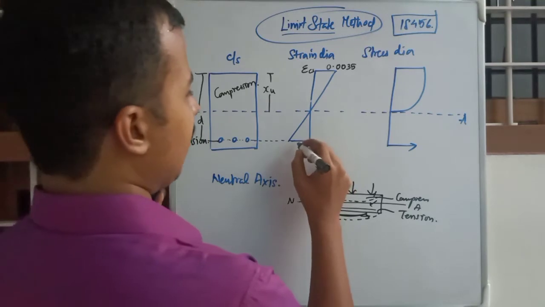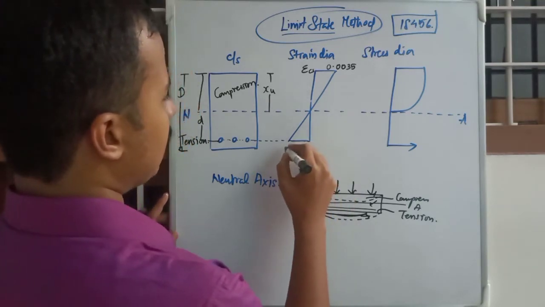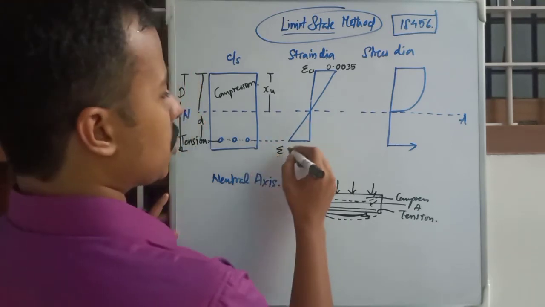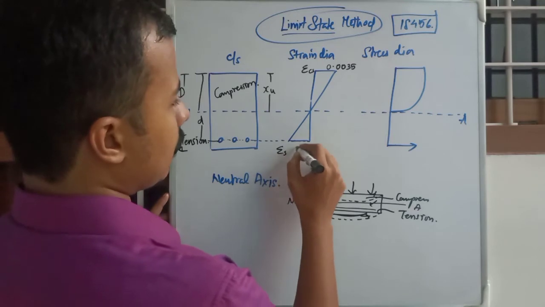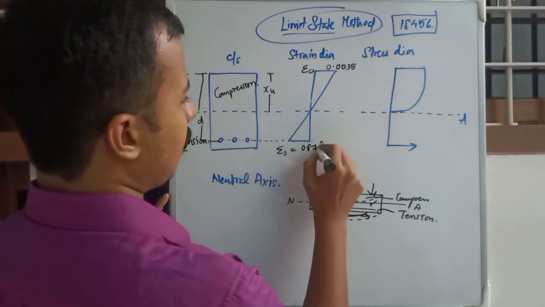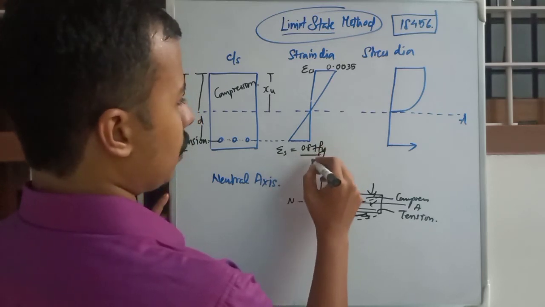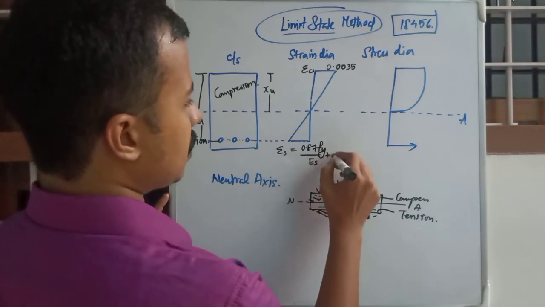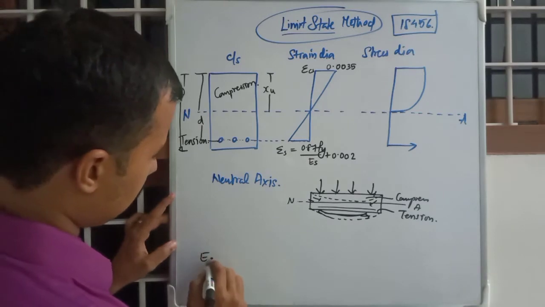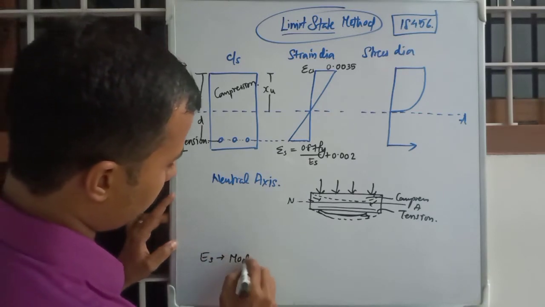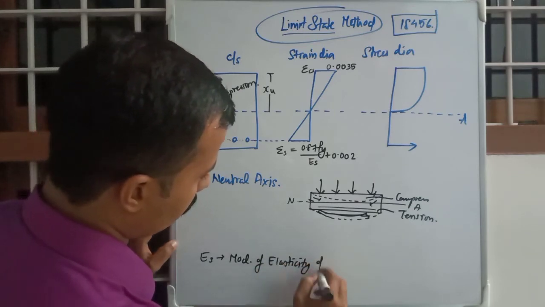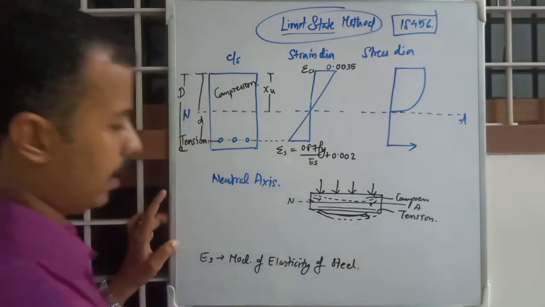And similarly, we have another assumption that the maximum strain of steel reinforcement will be 0.87 Fy, that is the design load, divided by Es, plus 0.002, where Es is the modulus of elasticity of steel.